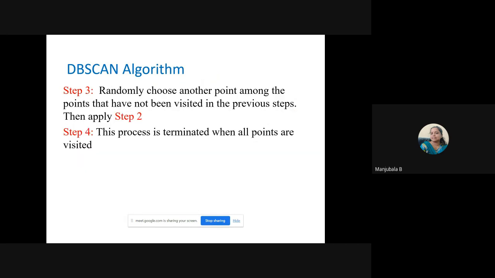So you have to randomly choose another point among the points that have not been visited in the previous step, like your DFS or BFS you are doing in the graph data structure. Like same thing, if any points remain that don't belong to a cluster, again, randomly you choose another point that is not visited, and you have to apply the previous step. So this process is terminated when all points are visited. So all points are visited means the points have become part of some cluster, right?